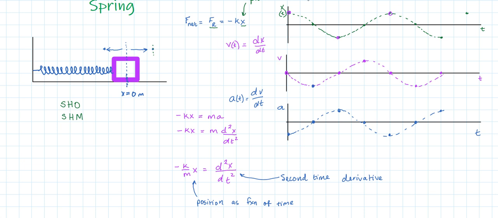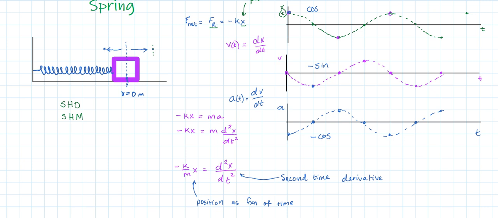If we look at these functions that we have established over here, this function says when x is equal to 0, the function is equal to some maximum value. So we know that this is going to be some sort of cosine function, cosine of theta. This, of course, is going to be negative sine, and then this one is the flip of the first function, which is negative cosine.